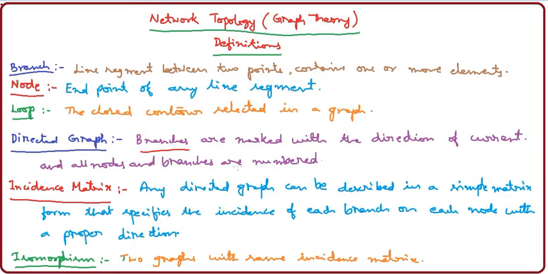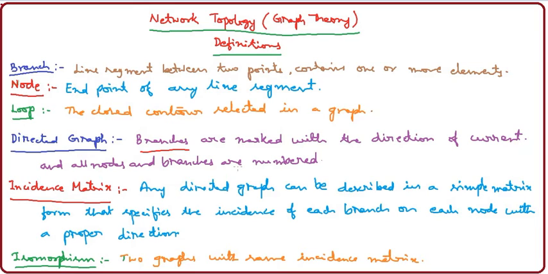Next, what does it mean by incidence matrix? This is very important, and this is the problematic part, because based on the incidence matrix we will do the problems. Any directed graph can be described in a single matrix form that specifies the incidence of each branch on each node with a proper direction.